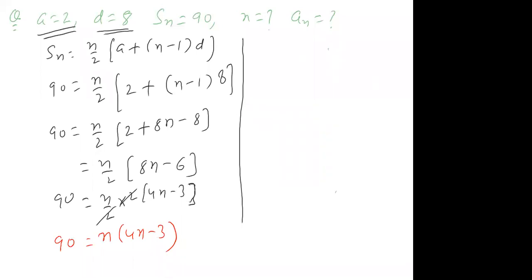Now you have to solve it. If you multiply, you will get 4n square minus 3n is equal to 90. So 4n square minus 3n minus 90 is equal to 0.